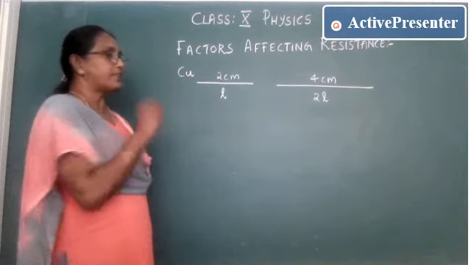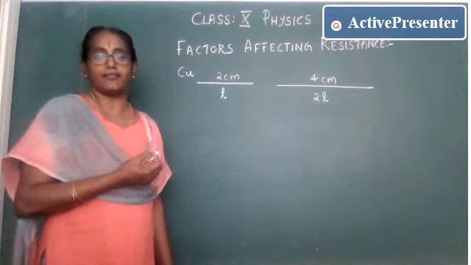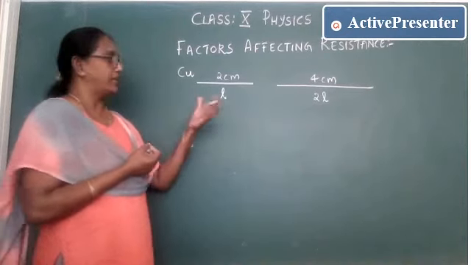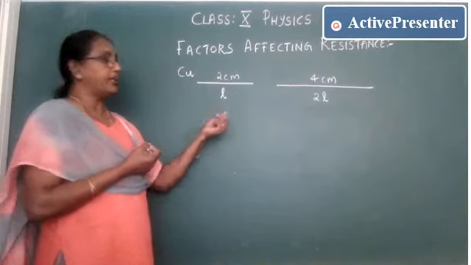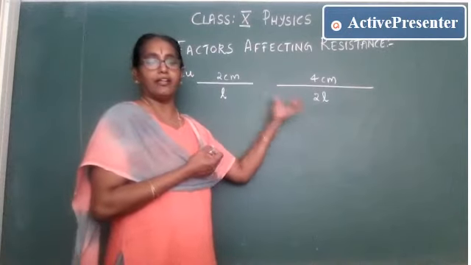We know now how to measure the resistance because we have learned Ohm's law. In the Ohm's law circuit, include L length of copper wire and 2L length of copper wire.